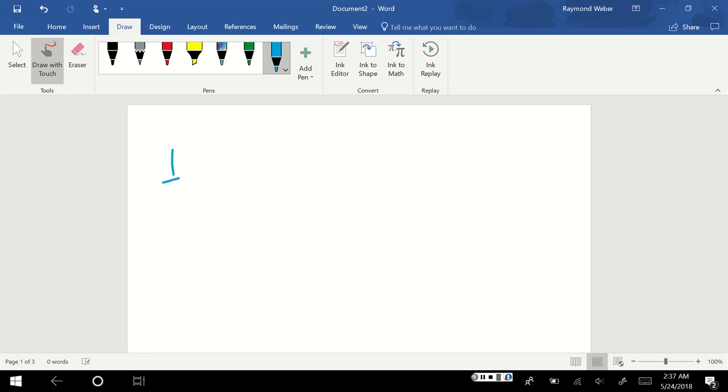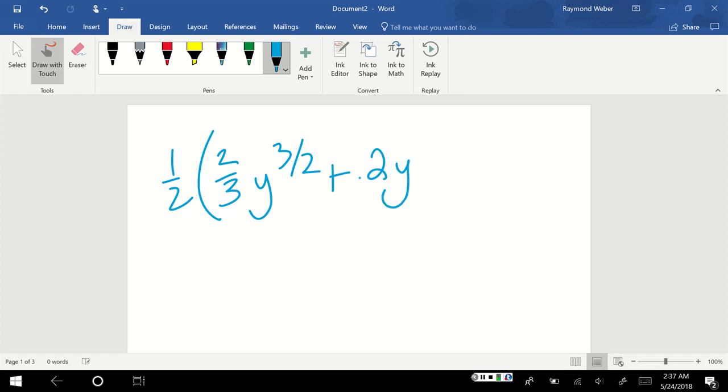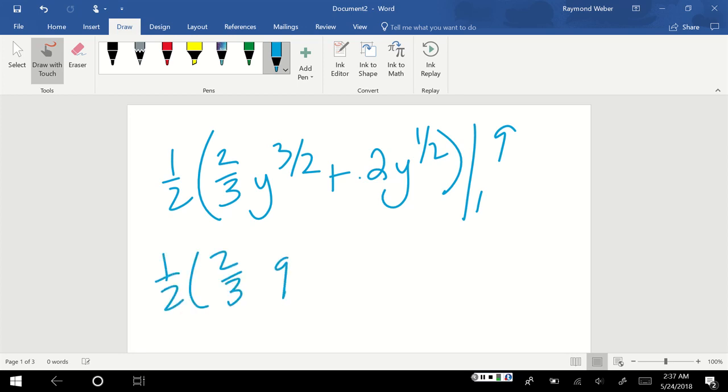So then I have 1/2 times, let's see here, 2/3 y to the 3/2 plus, and that's going to become a 1/2, so 2y to the 1/2. And this is all evaluated from 1 to 9. So then I have 1/2, 2/3 times 9 to the 3/2 plus 2, well the square root, that's 3. I don't even have to work that one out.